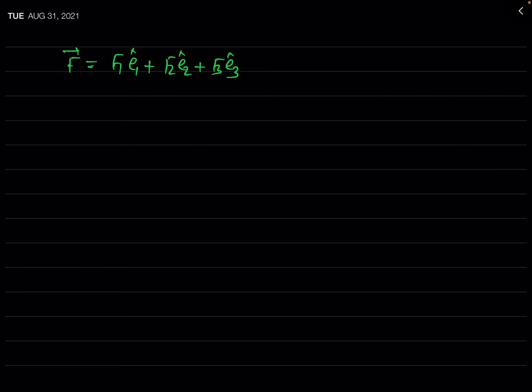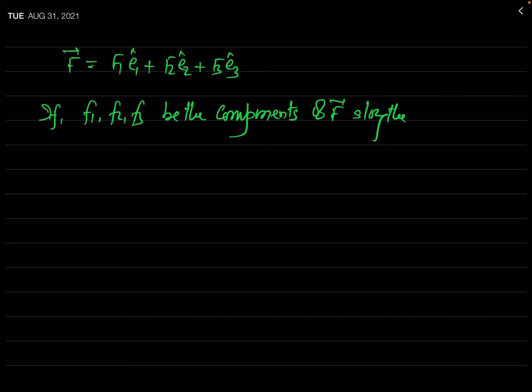And similarly, if you consider that the small f1, f2 and f3 are the components of vector f along the normal unit vectors, that is e1 hat, e2 hat and e3 hat, then the given vector f can also be expressed in terms of these unit vectors.